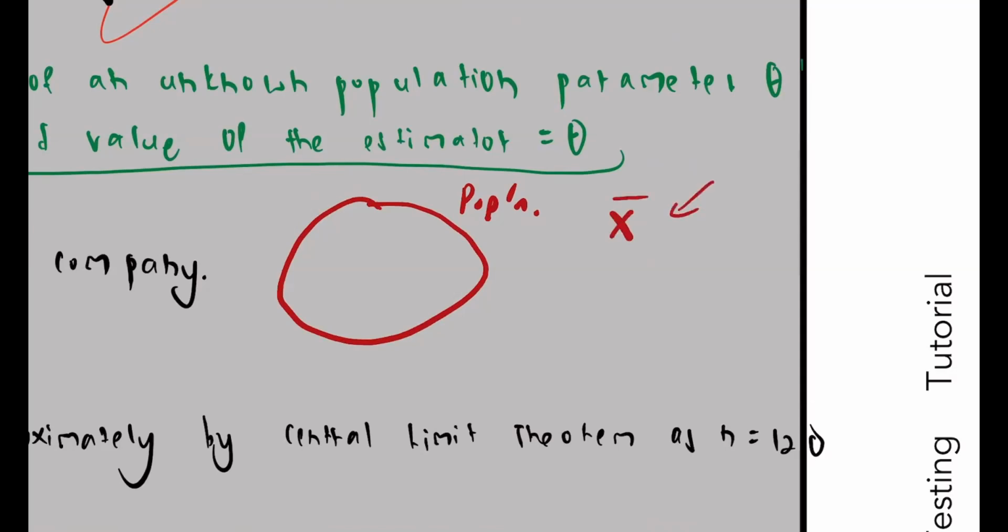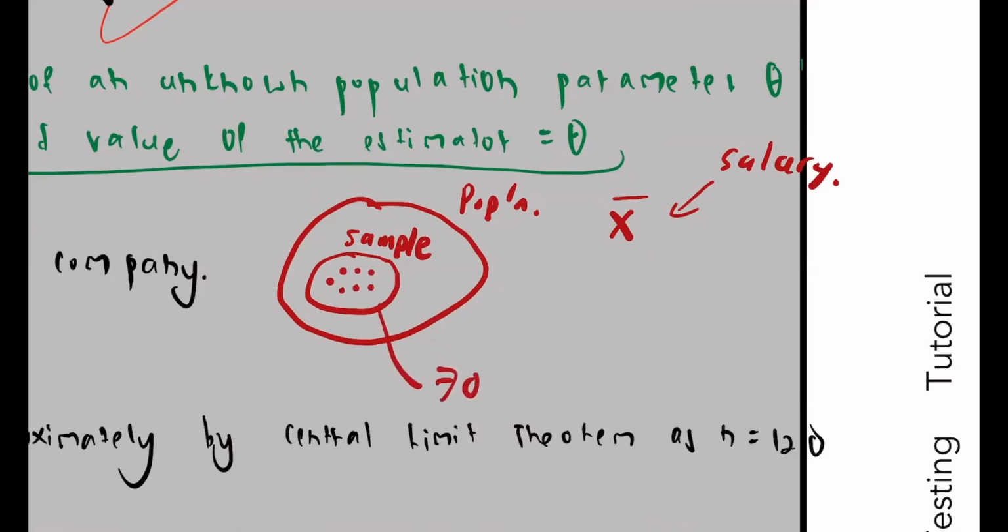That's too difficult to find, because we would need to ask every single person their salary, then divide by the number of people. Maybe for Singapore it's small enough, but that's very impractical and very expensive. So what we need to do is to take a subset known as the sample. We take a sample of the population, and then we will have a few people inside. Let's say there's like 700 people.